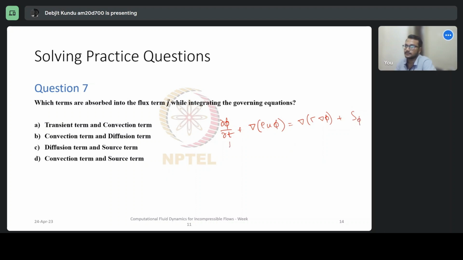So this is the transient term. This is the convection term. Over here we have the diffusion term, and this is the source term.